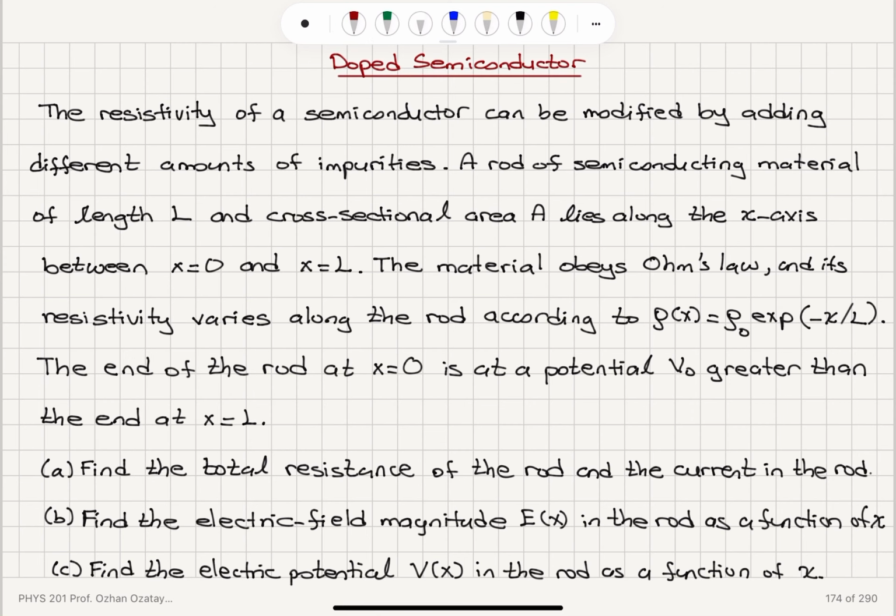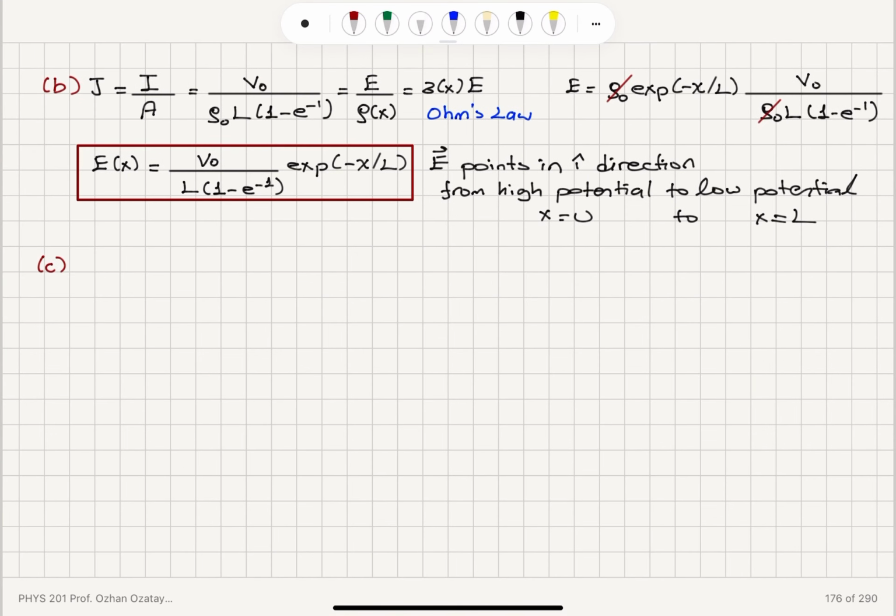Let's move on to part C. Find the electric potential in the rod as a function of x. Okay, so we're going to calculate the potential at point x with respect to the potential at point 0. This is minus the path integral from 0 to x of E dot dl, which is E dot dx, which is dx in the i hat direction. So dx is dx in the i hat direction, and the electric field is in the i hat direction.